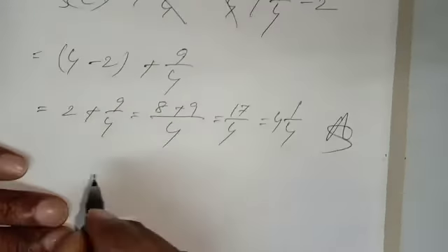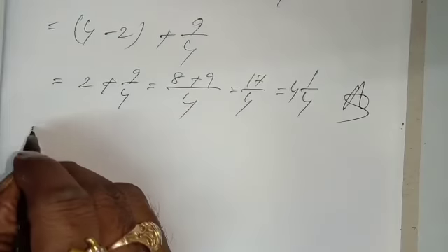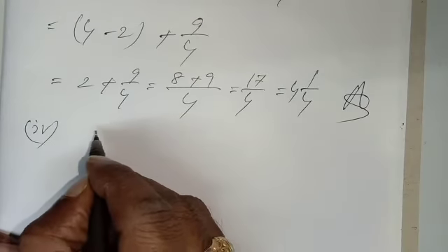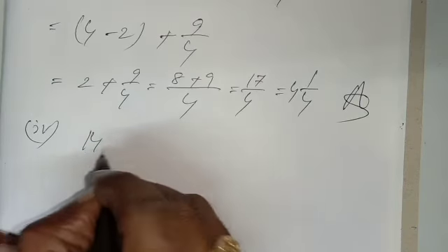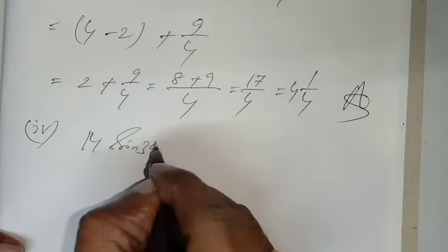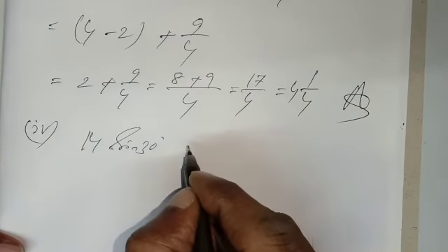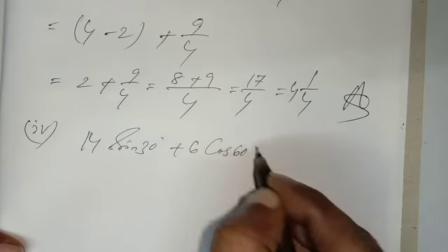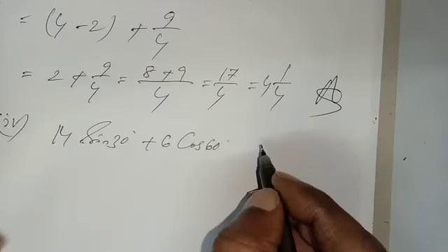Let us go to the fourth part of this question, number 8. The fourth part question is given: 14 sin 30 plus 6 cos 60 degree minus 5 tan 45.